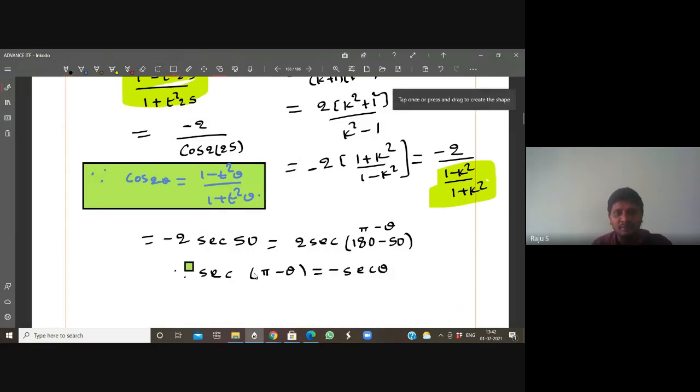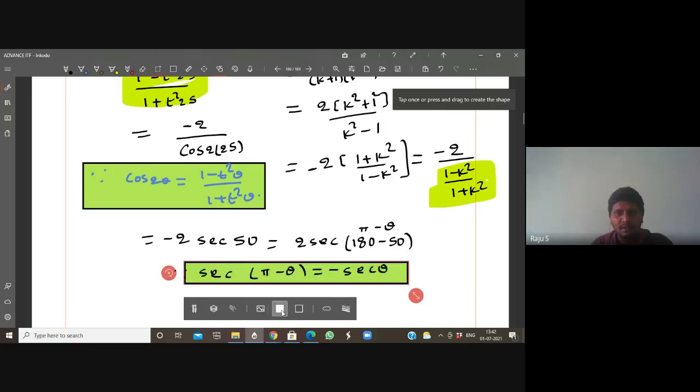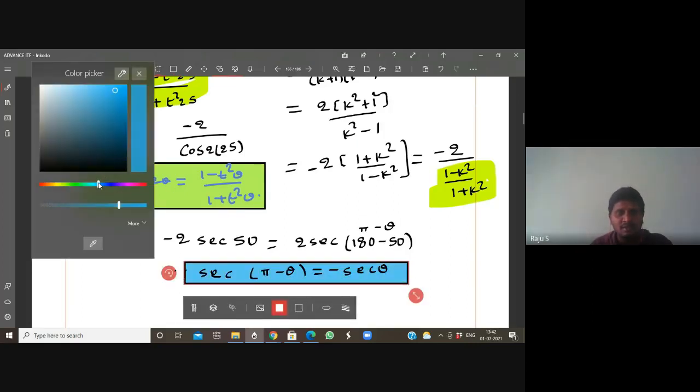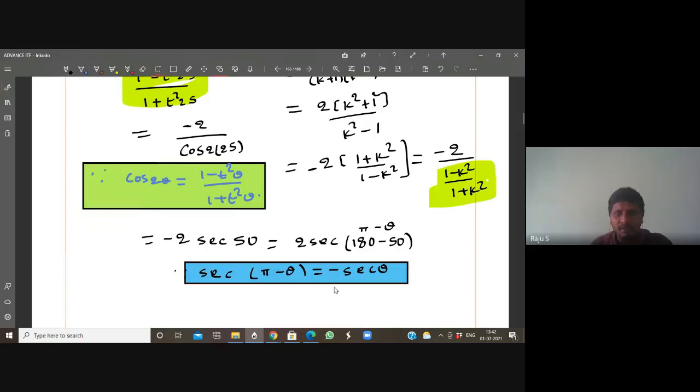Second quadrant input, is it clear, students? Yes, sir. Right. So finally, with the help of this, secant 50 can be written as 180 minus 50. So I did not write minus here. Minus to minus plus. So this is clearly equal to 2 times of secant 130. So finally, minus 2 secant 50 is equal to 2 secant 130.